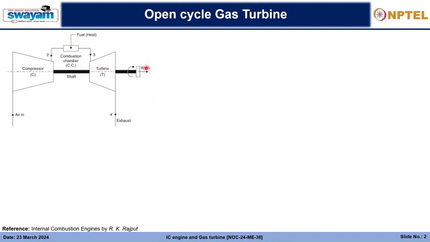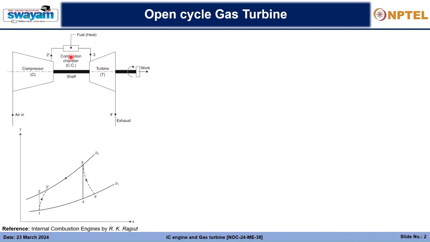As the shaft rotates, it is connected to the generator component, and work is produced. The gas which has expanded in the turbine goes outside as exhaust, and that gas is not recirculated back into the compressor, since there is no connection between the compressor and the turbine. That's why this is an open cycle, and we call it an open cycle gas turbine.